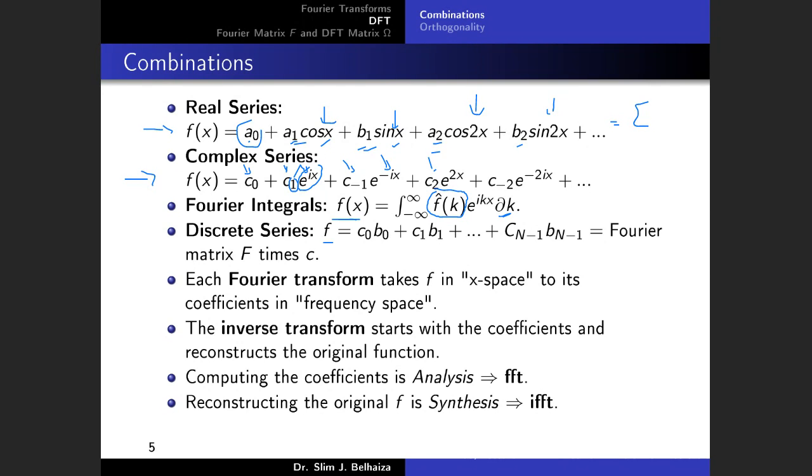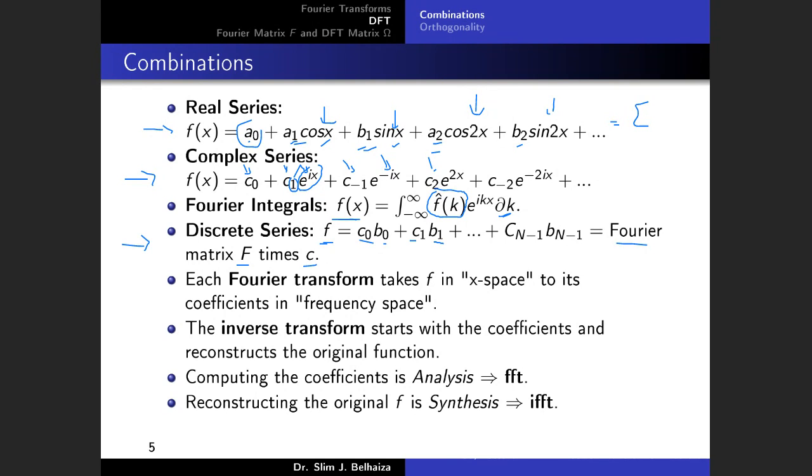And for the discrete case of this, you will be writing f as c0 b0 plus c1 b1 plus up to c n minus 1 b n minus 1, or as a Fourier matrix F times c, if you wish. So, in fact, what are we talking about here?